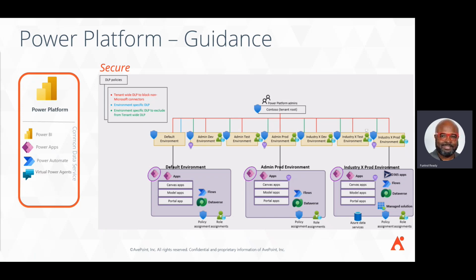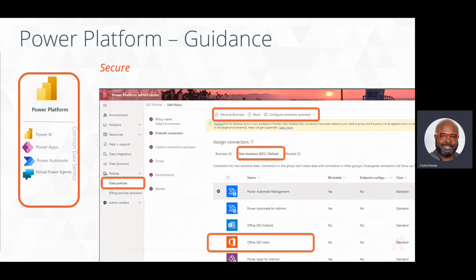I don't want to allow connections from outside, or connections into our organization. So I can create a policy that controls that. And that's what we call a DLP policy. And so you can apply that policy to your specific environments within your deployment of the Power Platform.